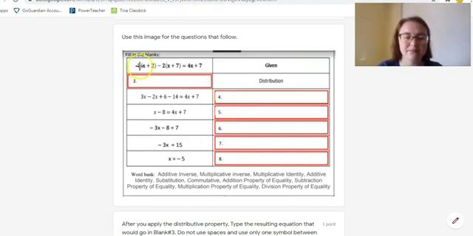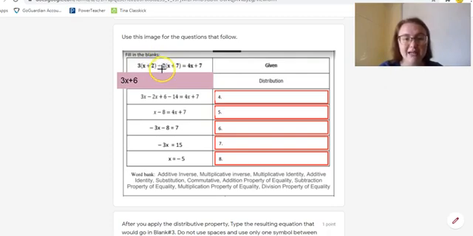and fill it in. Okay, so for the first box here, it tells us that we need to be doing distribution. So I'm going to go ahead and do this distribution. And actually, hold on one minute. Okay, I didn't think my box was big enough. Alright, so I'm going to do the distribution. 3 times x, I get 3x. 3 times a positive 2 is positive 6. Then I have a negative 2.